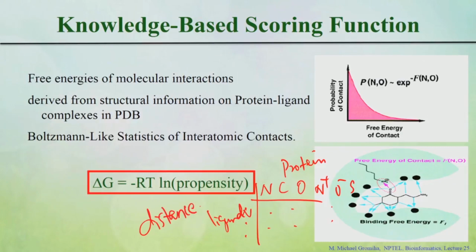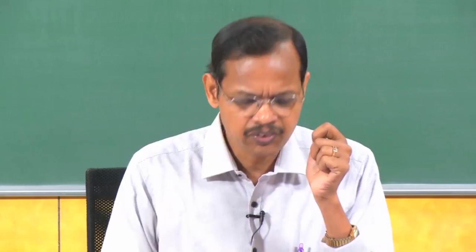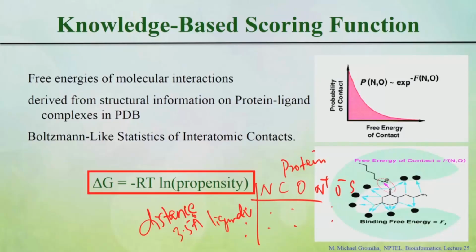Then you take any specific distance, for example 3.5 angstrom. Totally how many residue pairs, and among the residue pairs how many are in different specific groups. We normalize the values and finally we can get this propensity. Take any distance, get the atom contacts, any pairs.